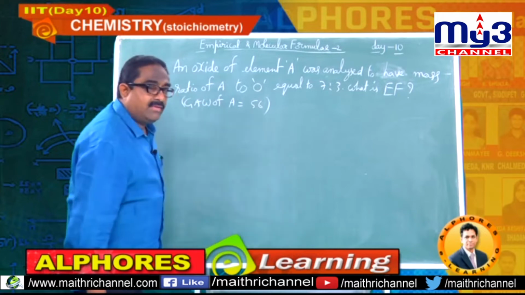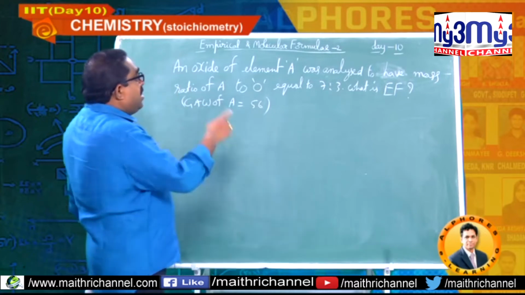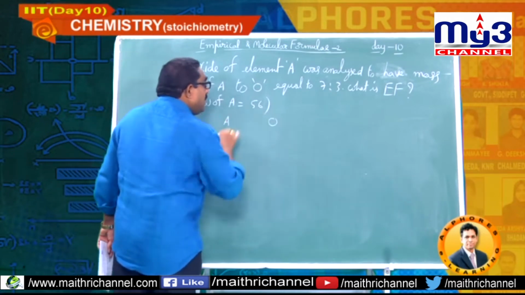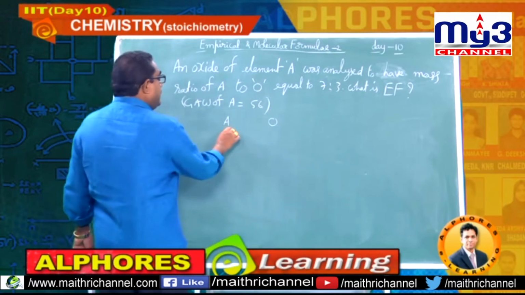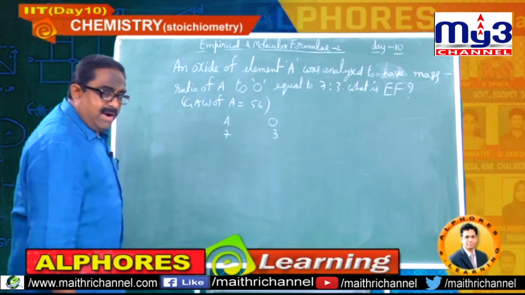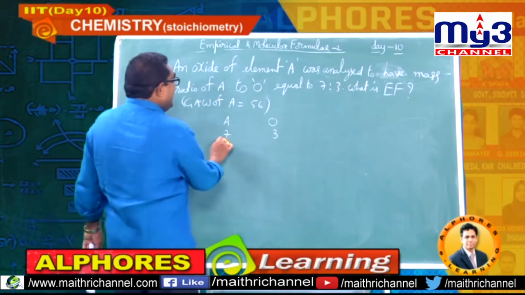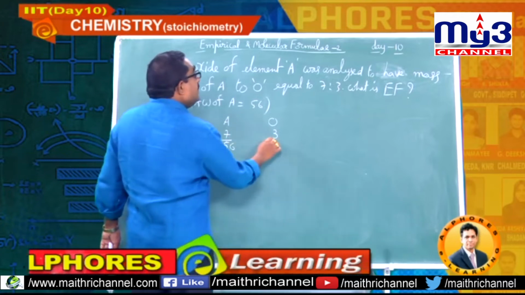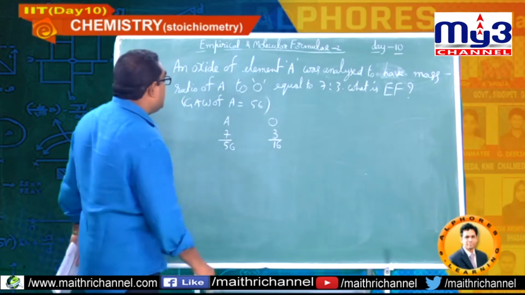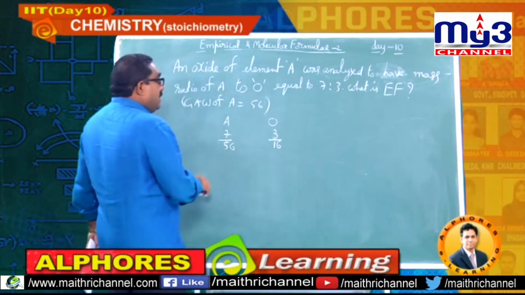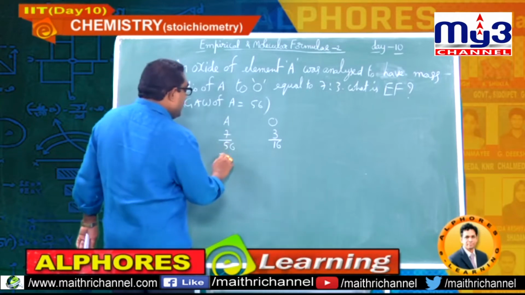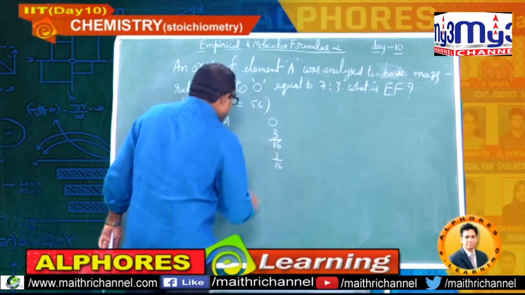Now let us solve this. Again, the mass ratio he has given, A and oxygen, 7:3, and we have to divide with respect to atomic masses. 7 by 56, 3 by 16, the atomic mass of oxygen. Now we have to go for the minimum. So here I am calculating 1 by 8, 3 by 16.